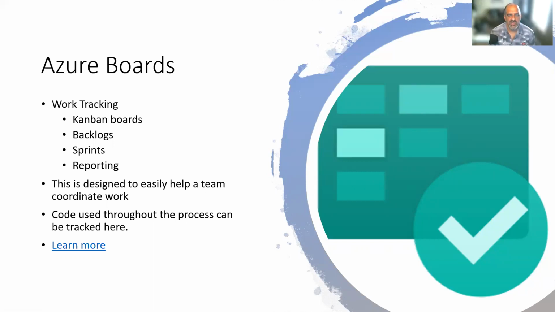And I'll start with boards. And boards are really work item tracking. That's really what they're designed to do. You can do Kanban boards, you can do lists, there's queries, there's all sorts of things that help you track what work needs to be done, who has done what work, what's the status or state of that work.